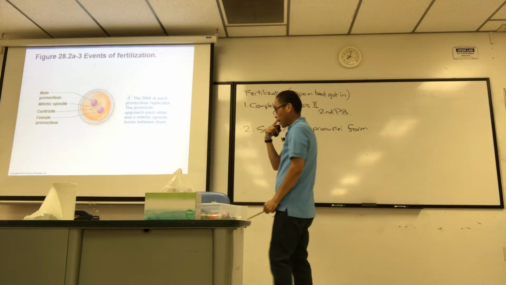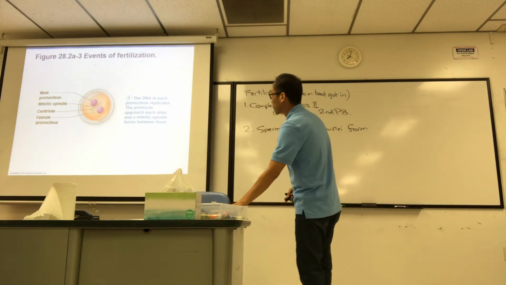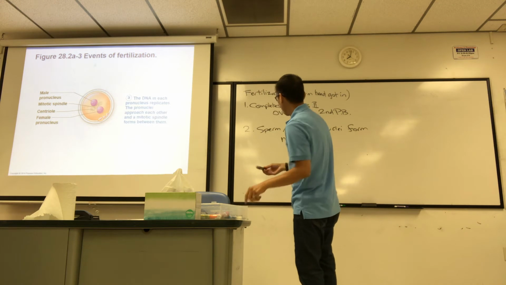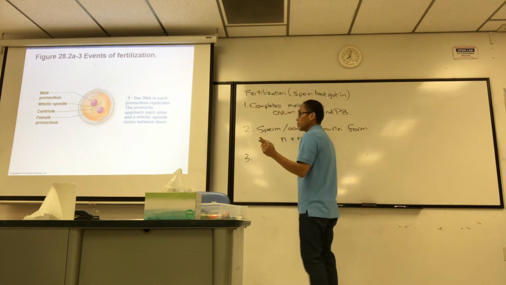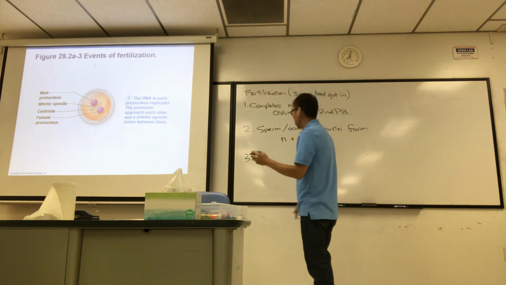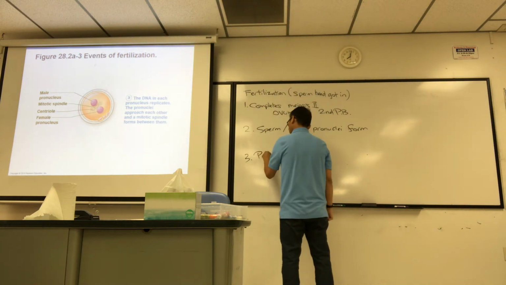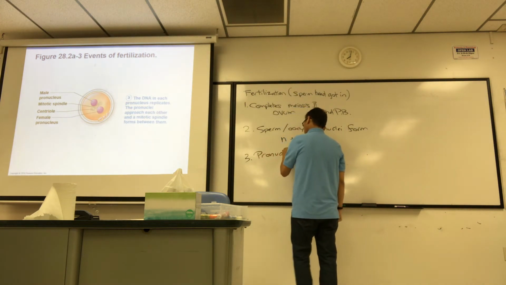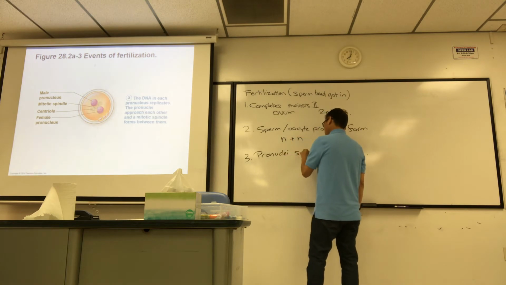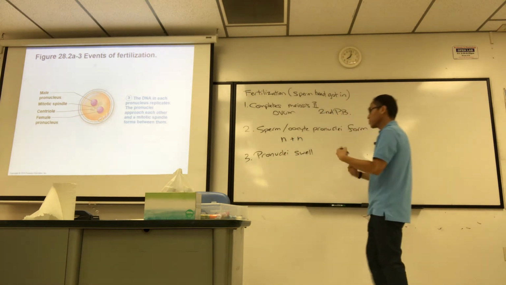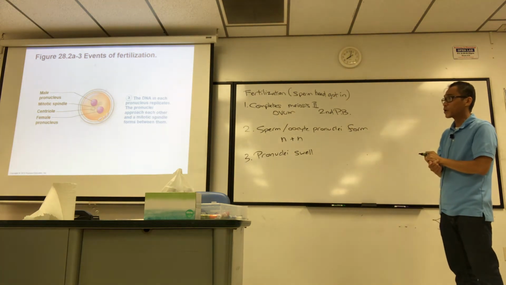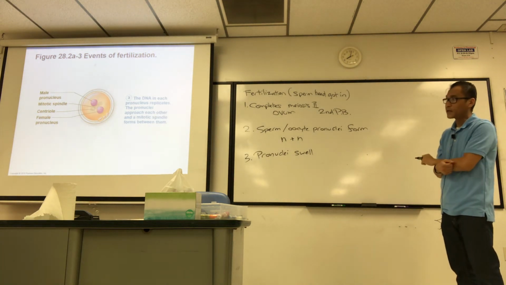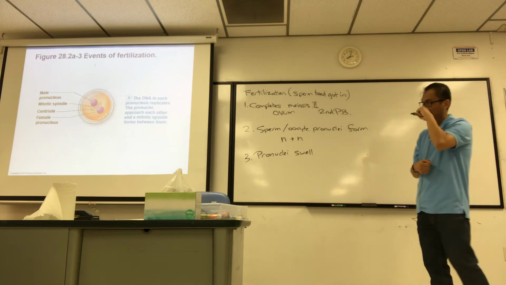So moving on, number 3. I'll just say pronuclei swell. Pro means before. So this is before the nucleus forms. And it looks like they're starting to approach each other. The mitotic spindle is forming between them.